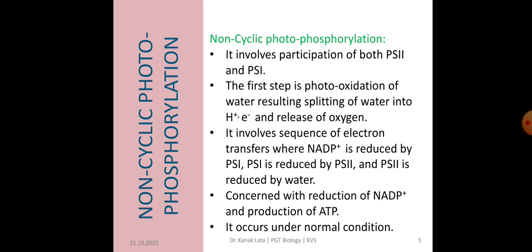Here there is a sequence of electron transfers where NADP plus is reduced by photosystem 1. Then photosystem 1 is reduced by photosystem 2 and further photosystem 2 is reduced by water. Non-cyclic photophosphorylation is also concerned with the reduction of NADP plus and production of ATP, and this takes place under normal condition.